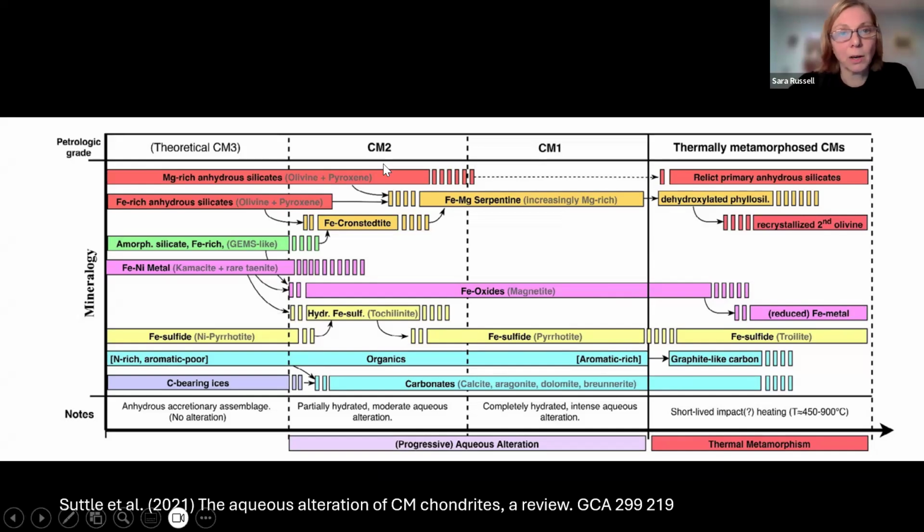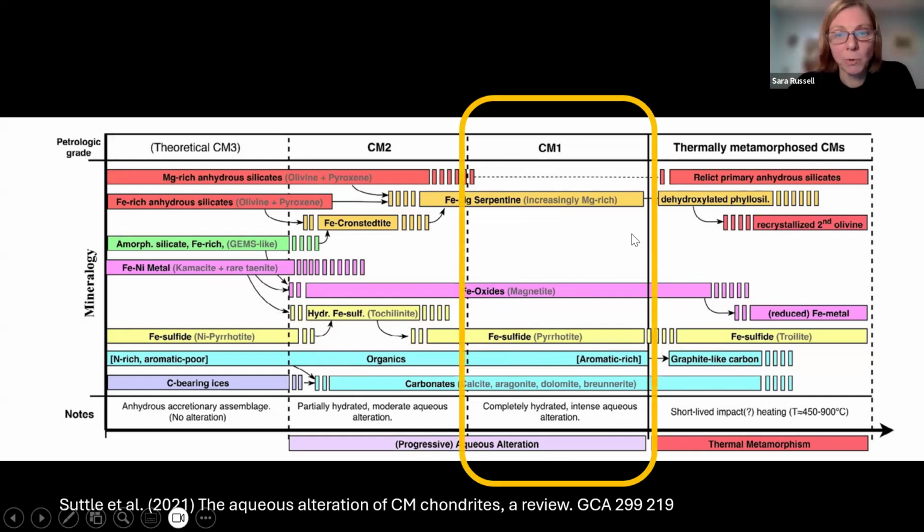Then as the aqueous alteration progressed, the anhydrosilicates broke down and started to form first an iron-rich and then a more magnesium-rich phyllosilicate mass. The iron-nickel metal formed magnetite, and the sulfides started to form as well.